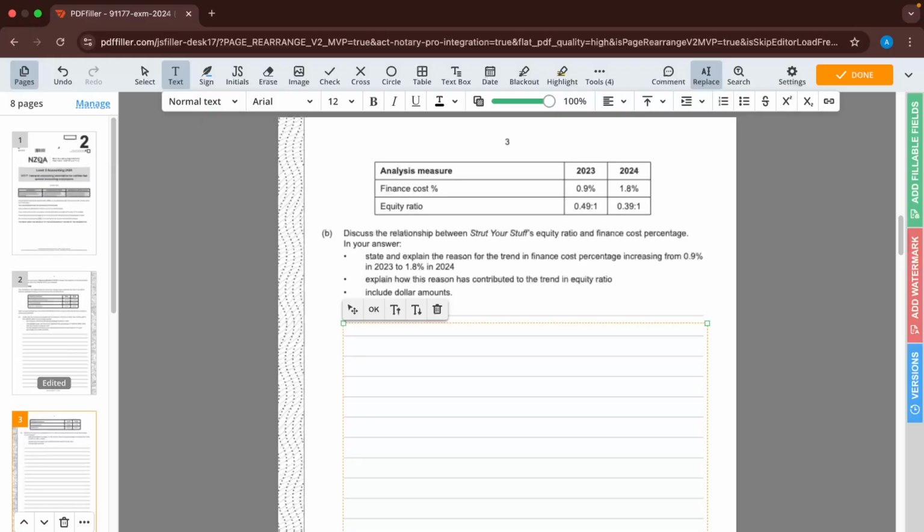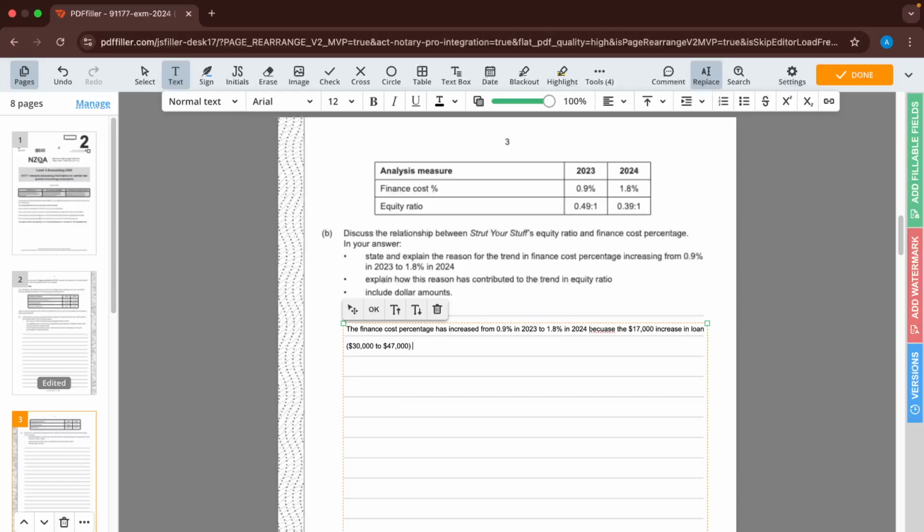So for that first bullet point, I'd say the finance cost percentage has increased from 0.9% in 2023 to 1.8% in 2024, because, and always remember guys to bring the exact figures in from your resource booklet, because sometimes you'll be marked down if you don't have the exact figures, because of the $17,000 increase in loan, and I'll put in brackets what the actual figures were, so 30,000 to 47,000, so a 17,000 increase.